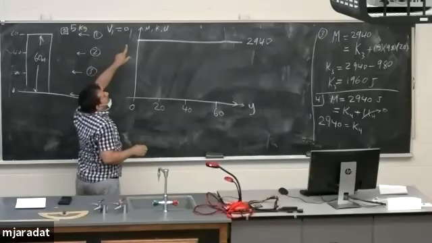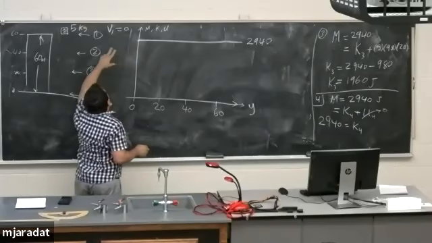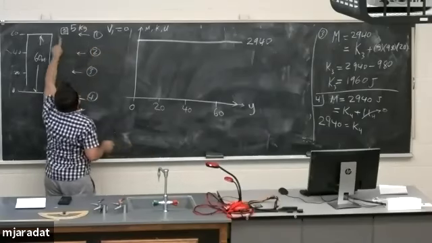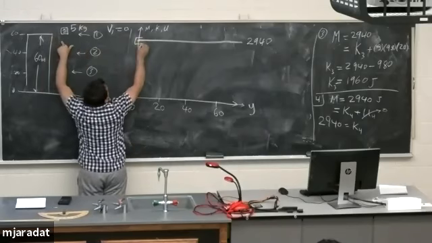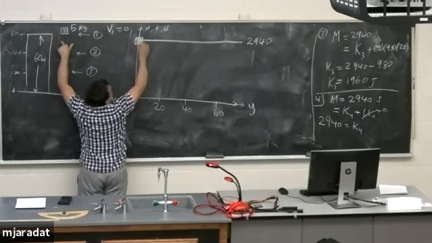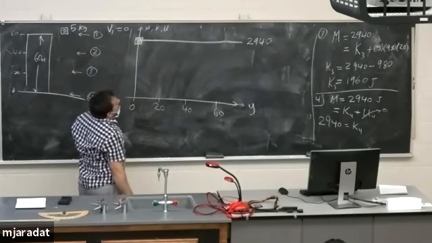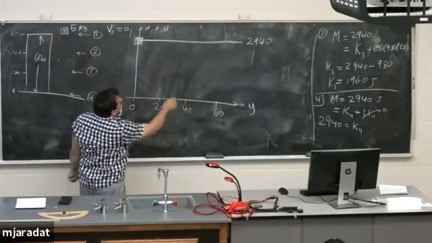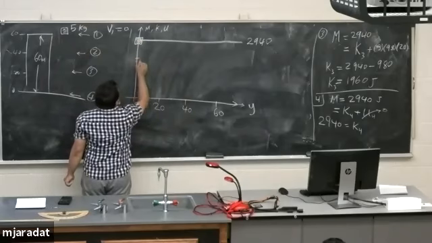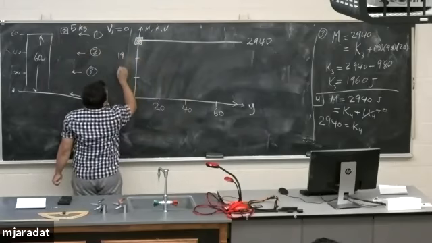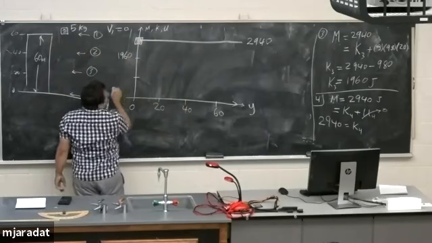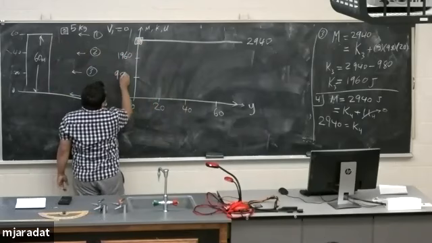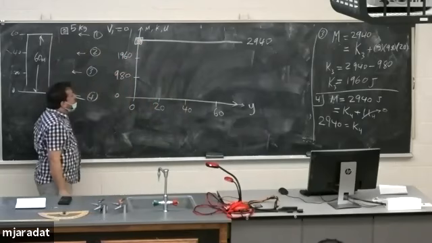The potential energy initially, how much was it? Here, it was the maximum value of the energy, which is 2,940. And we have the values 1,960, and 980, right? And we have the 0.